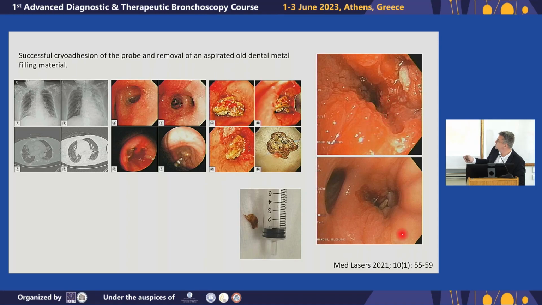So we used the cryoprobe to take out this bone, but also treat the granulomas afterwards, because cryotherapy is a very useful technique for treating the granulomas in a mild way. It doesn't cause new granulomas, and it's very beneficial for the tissue.